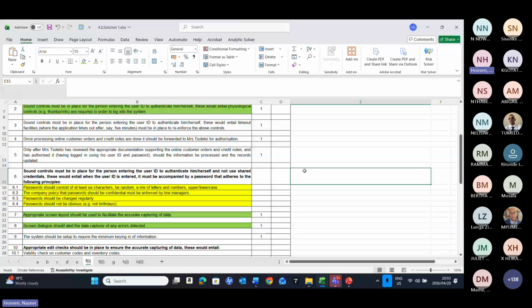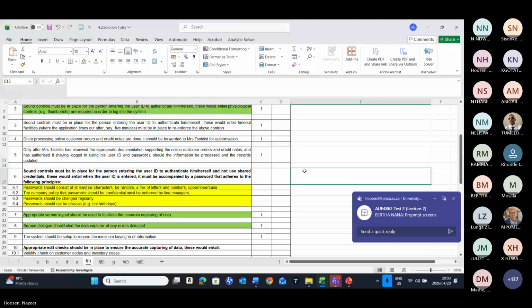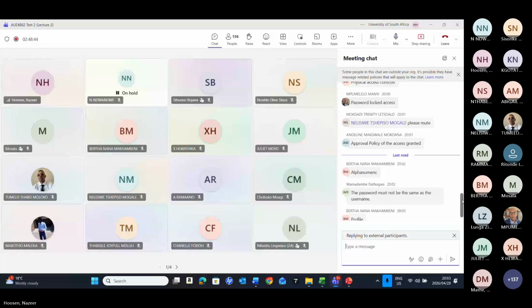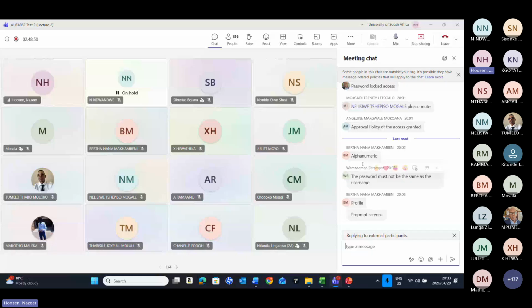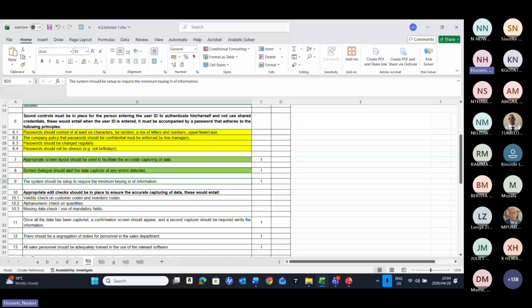So we go further on, and I just want to see the answers coming through, to see if everyone is on the same lead of where we're going with this. I see alphanumeric. Okay, so we have the alphanumeric tests. Can I get some more of these tests in the computer environment? What are the other tests that should come into play? Anybody?